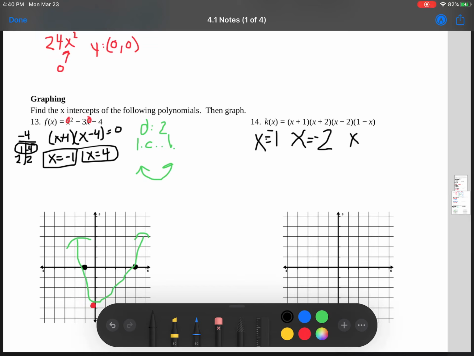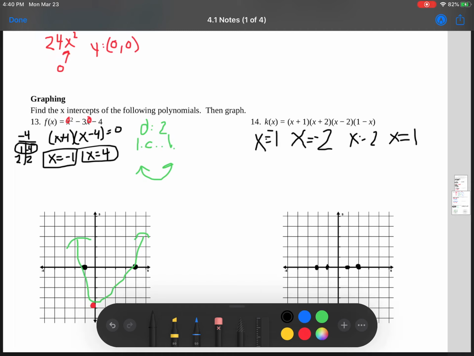Our third one will be x equals +2. And our fourth one, if we just move our x over, would be x equals +1. So again, we'll put these on our graph. So we have -1, we have -2, we have a +2, and a +1.